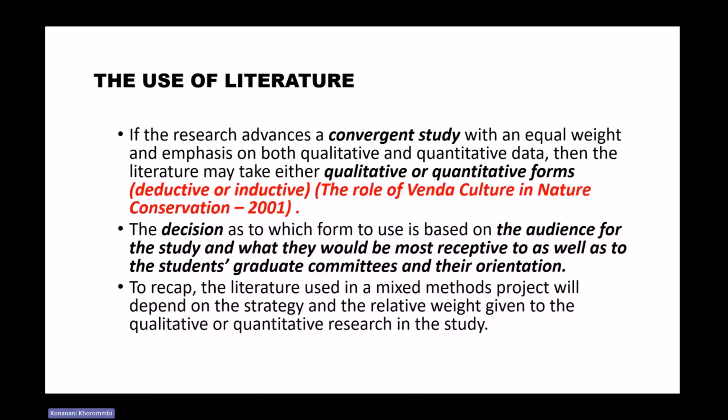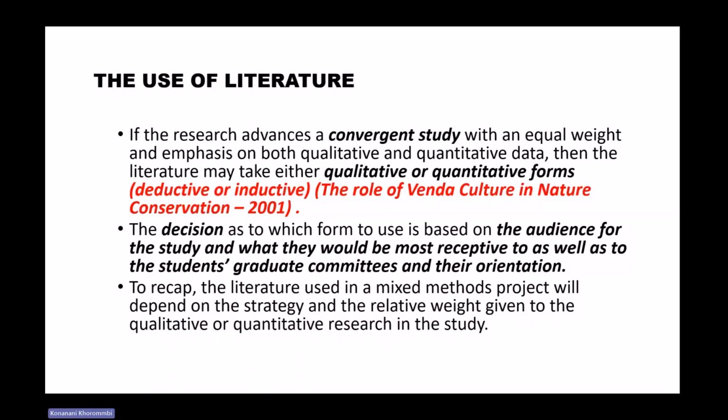But what is more important is, what does the university say? What does UNISA say, or the College of Education, or College of Environment and Agriculture, or the College of Law, College of Science? What do they say? How do they guide? Then we take those into account when we put down our literature review.